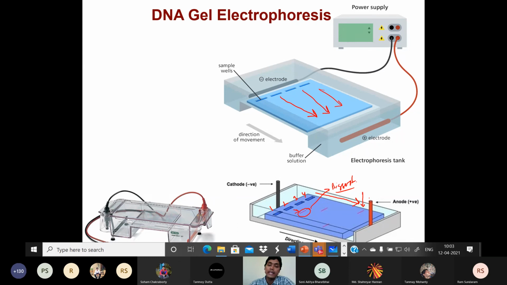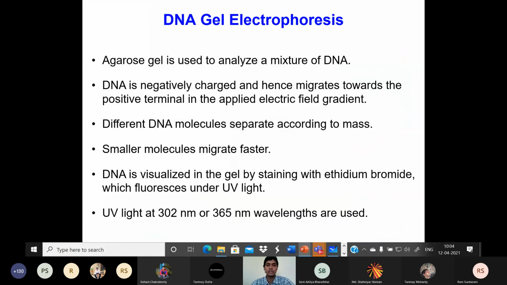There are other techniques where you can separate that into single strands and then run it, which is called a denaturing type of gel. But intentionally, I am not bringing those in. In this case, you synthesize DNA in the lab, in some tube, and then you are analyzing that DNA. So it is double stranded, and it is a helix.